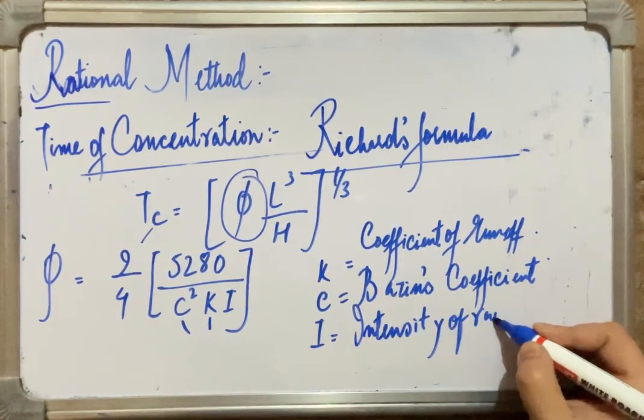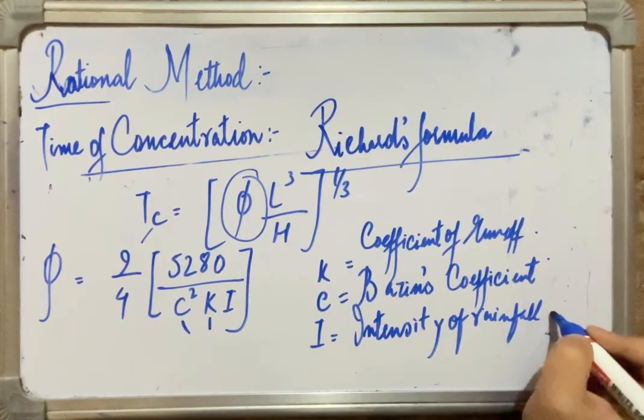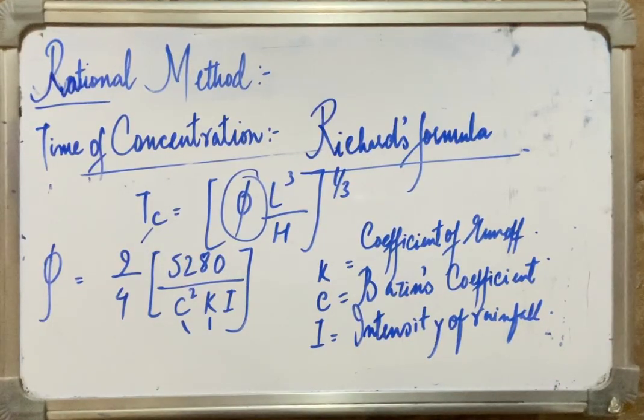All other things like L, H and Tc have the same meaning as we already discussed previously. So this is the Richards formula for calculation of the time of concentration. Another formula is Dickens' formula.